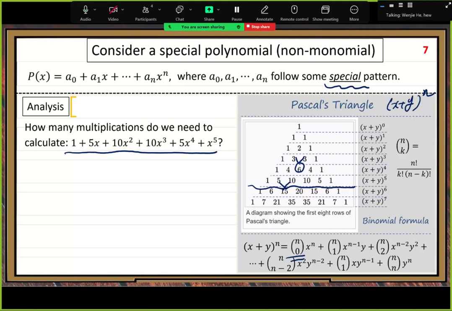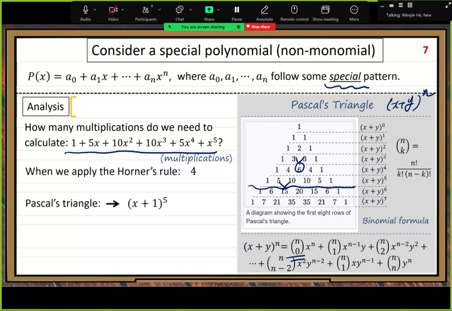In Pascal's triangle. That means this polynomial corresponds to a binomial. What binomial? So Horner's rule needs 4 multiplications, but based on Pascal's triangle, we get this binomial, x plus 1 parenthesis to the 5th. This binomial equals the given polynomial, right?